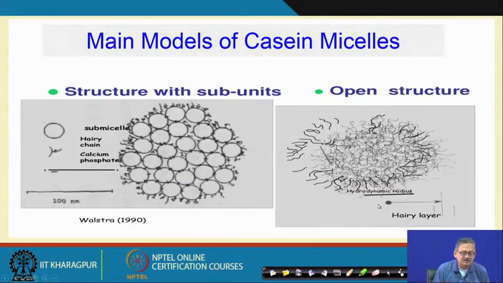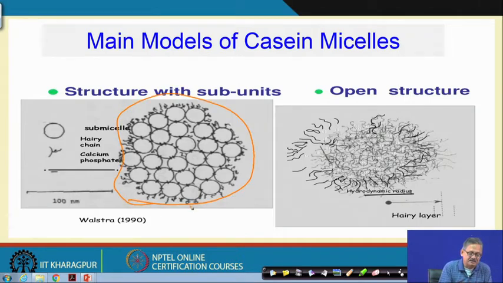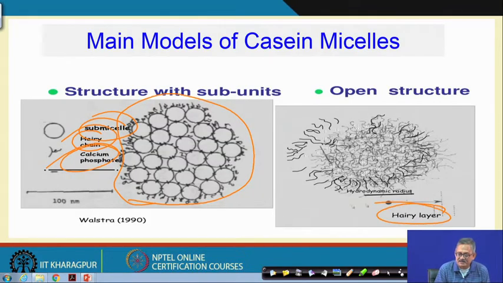Then, this is one of the simplest models of the casein micelle. There are n number of such casein micelle models. In the earlier class I had shown one, and here also I am showing you another. There are sub-micelles, subunits, chains, calcium phosphates, and layers.